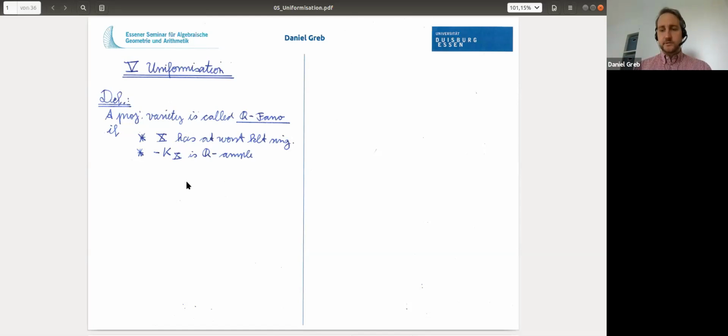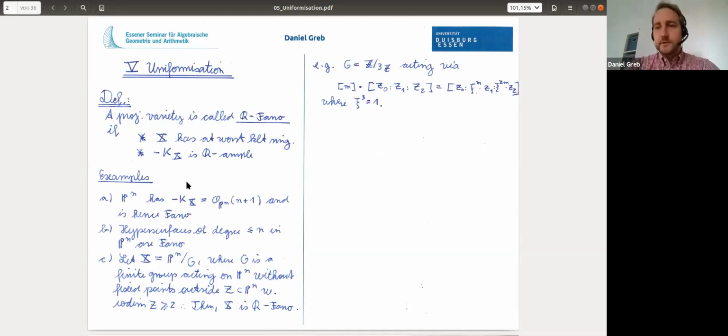So these are the varieties I'm going to be interested in, and there are a lot of examples. We've heard of them. So certainly P^n is the first example. It has minus K_X equal to O_{P^n}(n+1), and therefore it is Fano. It's smooth. Hypersurfaces of degree less than or equal to n in P^n are Fano, and these are also smooth.